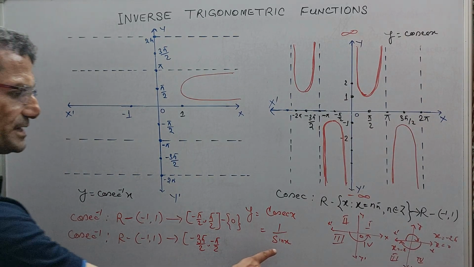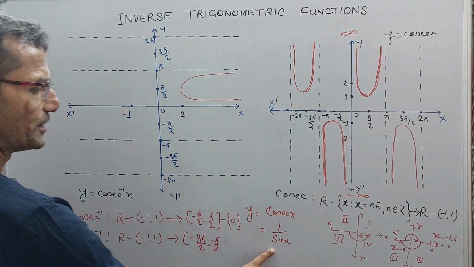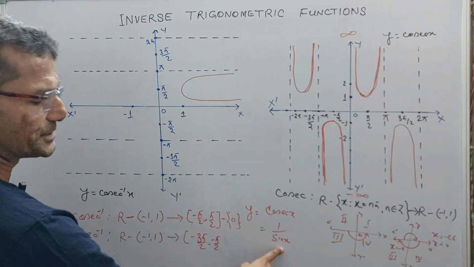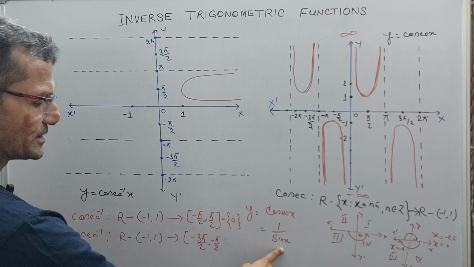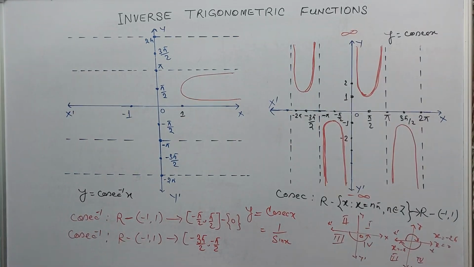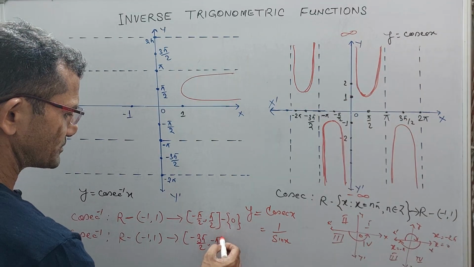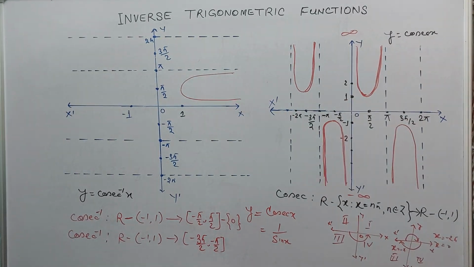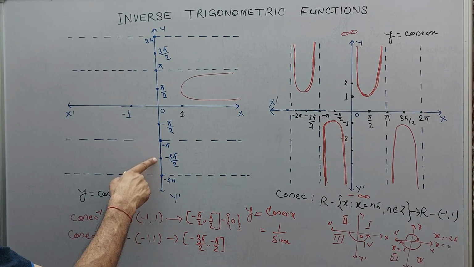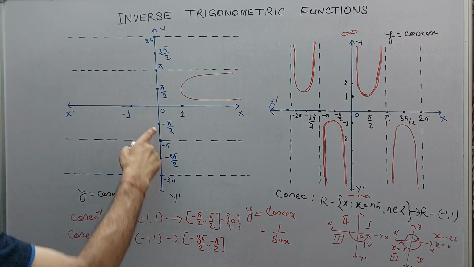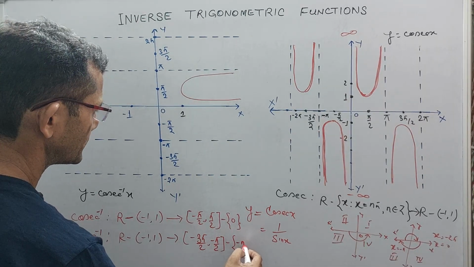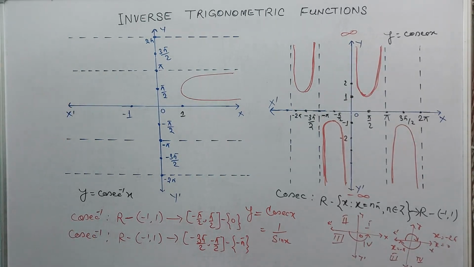Because sin 0 degree will be 0 and 1 upon 0 will be infinite, and cosec x is not defined at 0 degree. Same way in this case we have to exclude from the interval the angles minus pi, minus 3 pi by 2, minus pi by 2, minus pi.